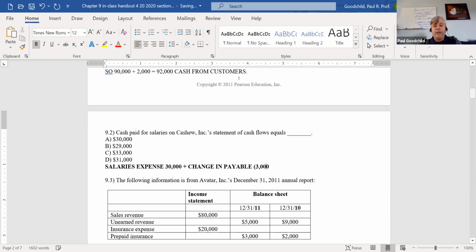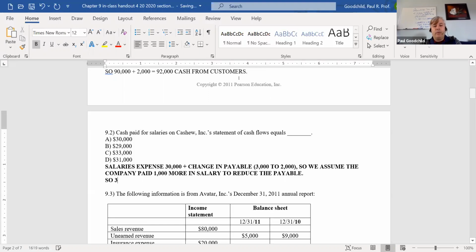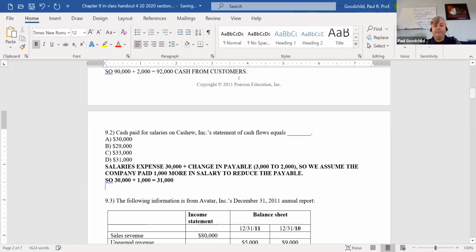It went from 3,000 to 2,000. So we assume the company paid $1,000 more in salary to reduce the payable. So 30,000 plus 1,000 equals 31,000.